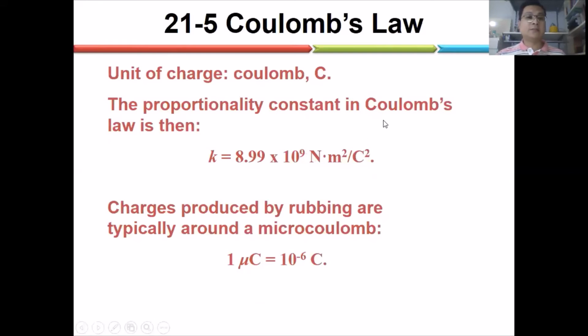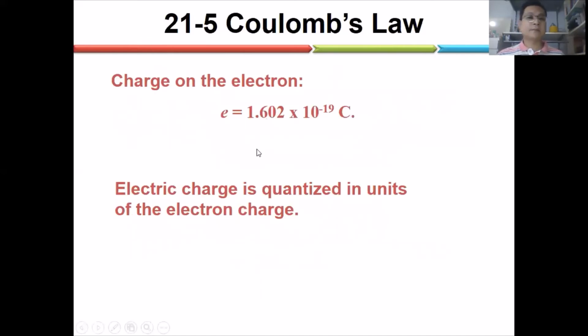C is the coulomb, as in Coulomb's law. The charge produced by rubbing is typically around a microcoulomb. Actually, charge is produced at the atomic level. The charge of the electron is constant: every electron carries 1.602 times 10 to the power of negative 19 coulomb.